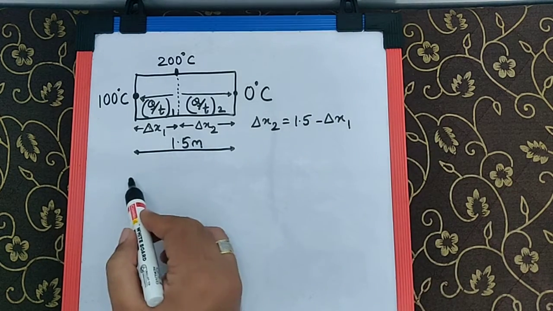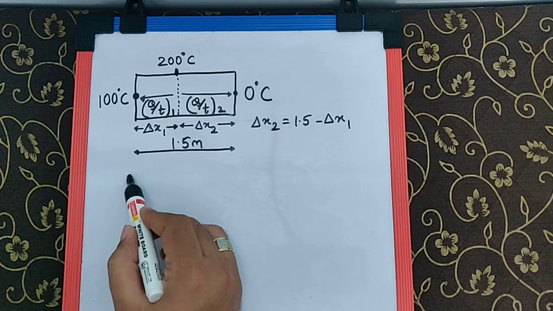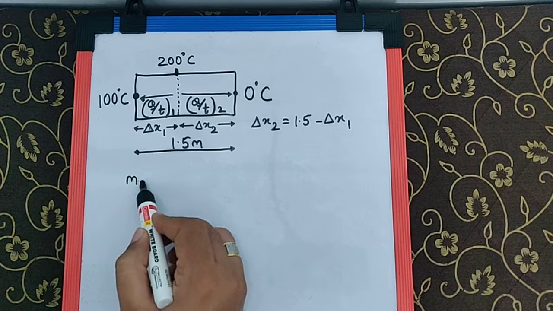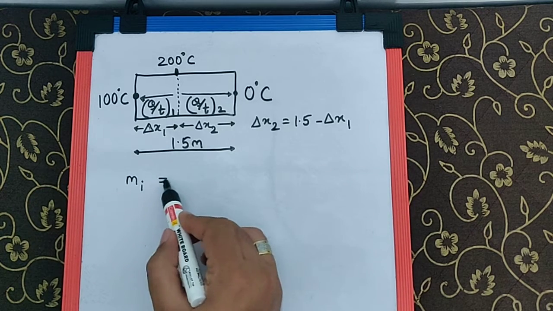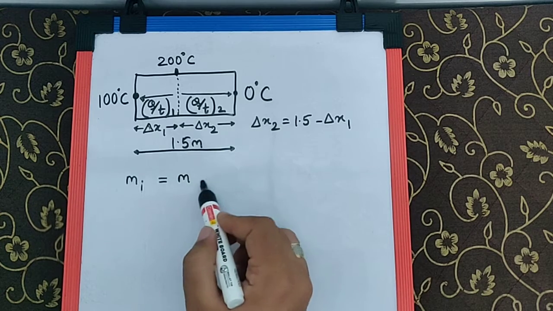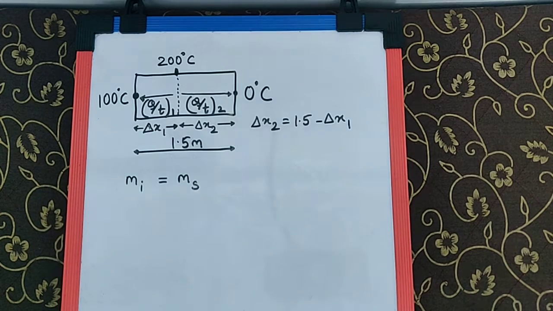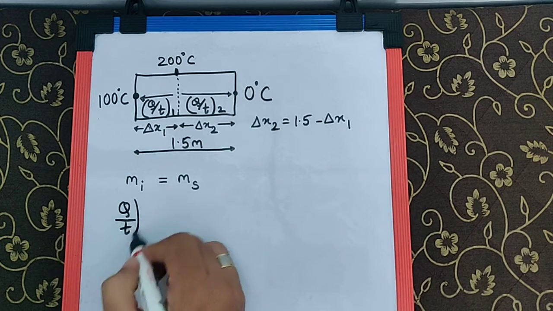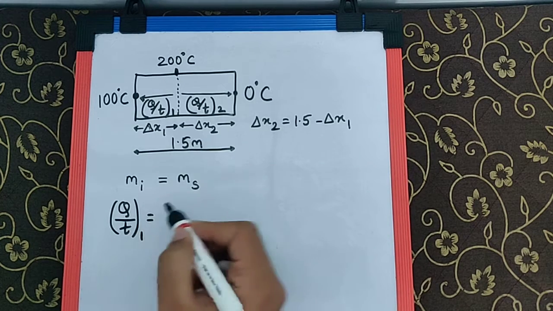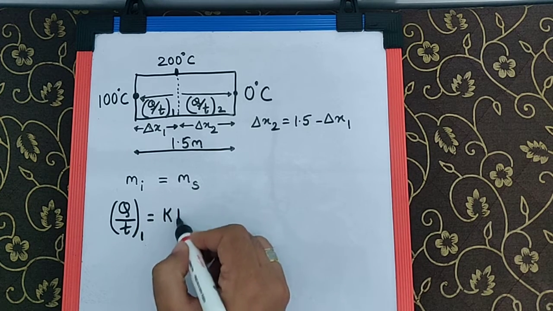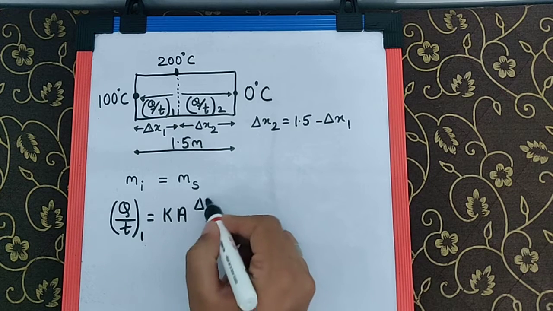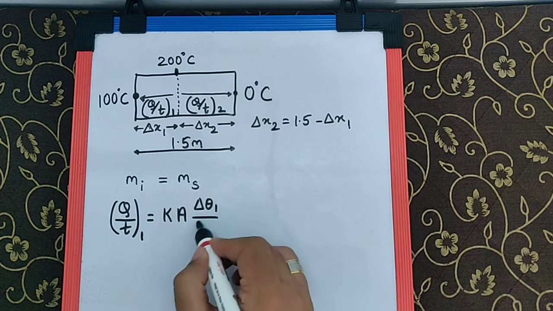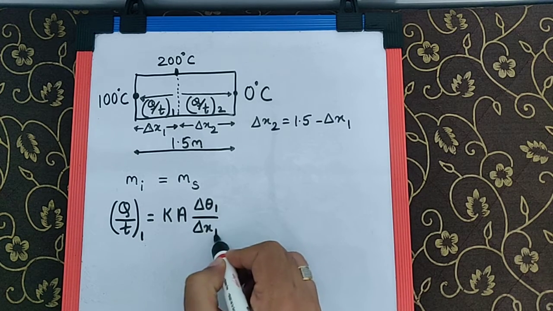Now they want the mass of ice melting to be equal to the mass of steam being produced, correct? So first thing we can say is Q by T1 is going to be K A delta theta 1 by delta x1.